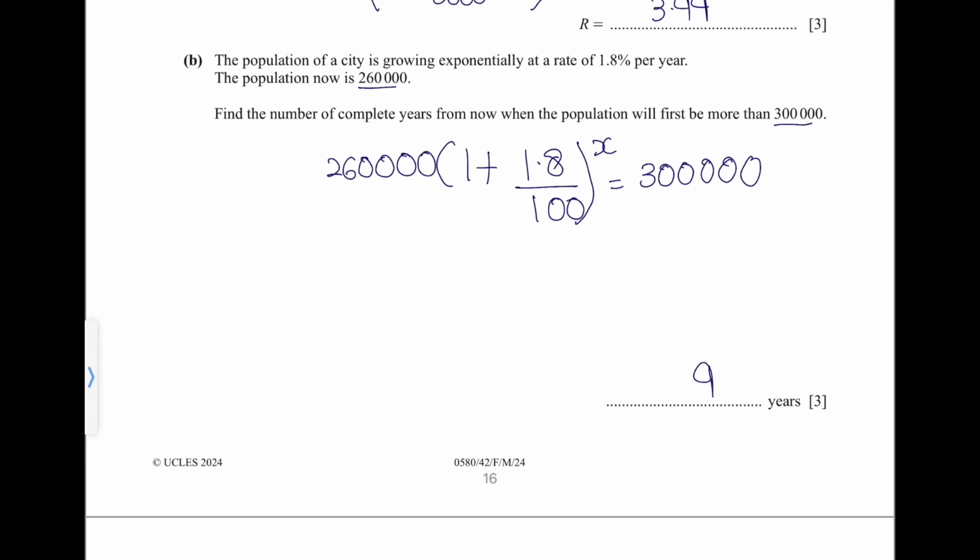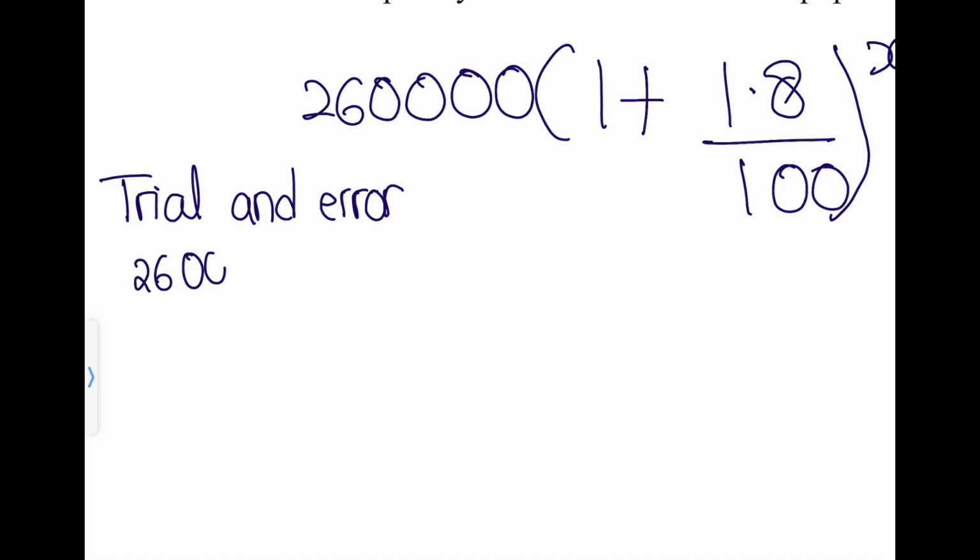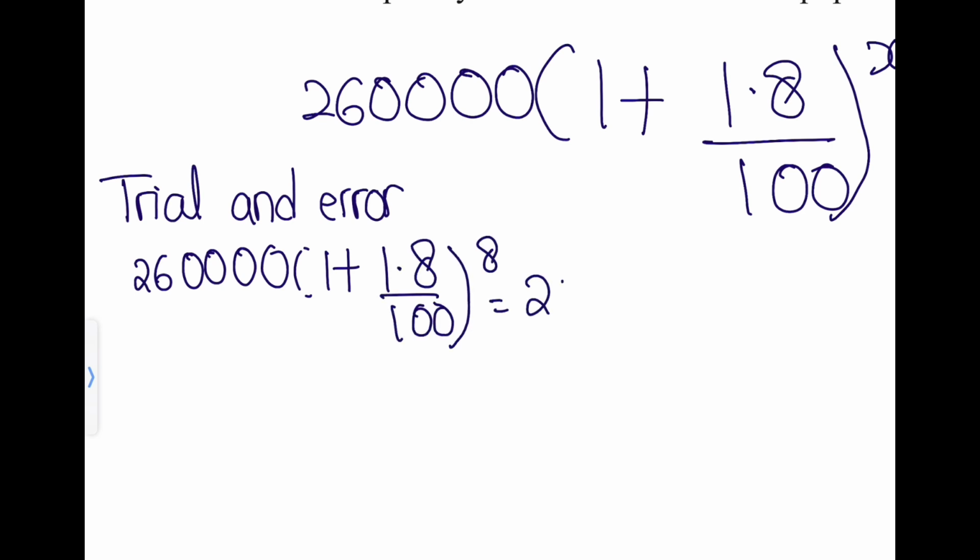Alright. If I'm using the trial and error method, just write one reading which is below it and the second reading which is above it. So first write 8. Okay, so write 260,000 times (1 plus 1.8 over 100) raised to 8, which is giving me 299,885.